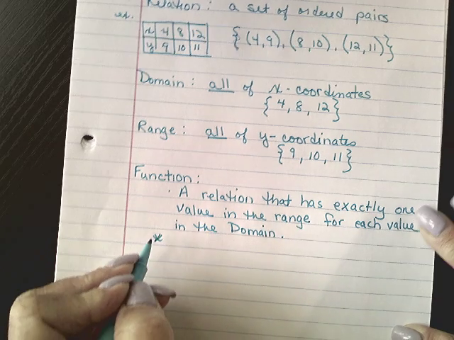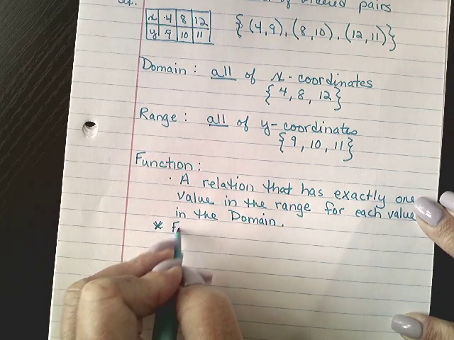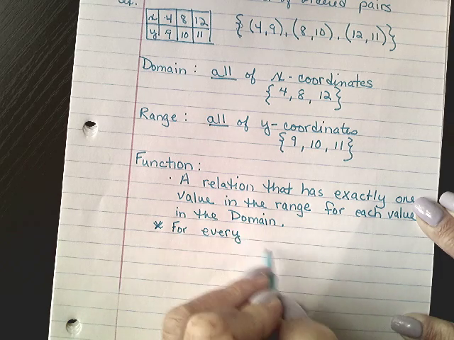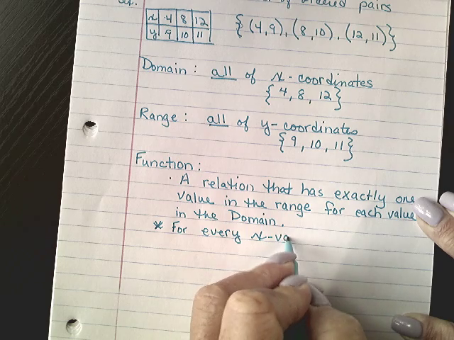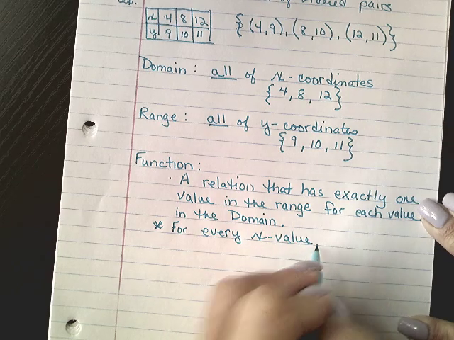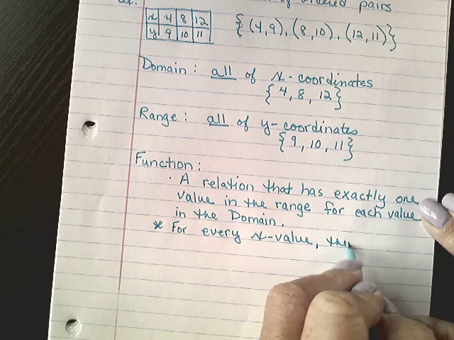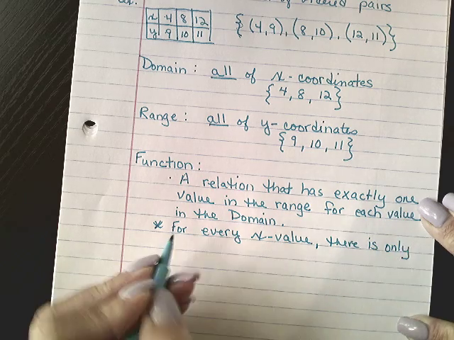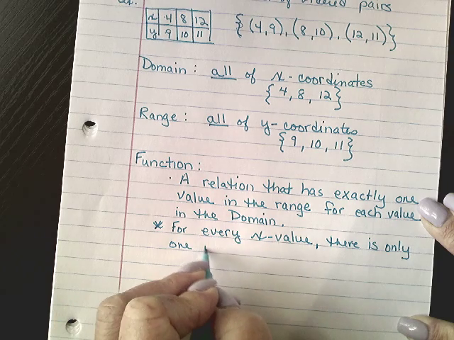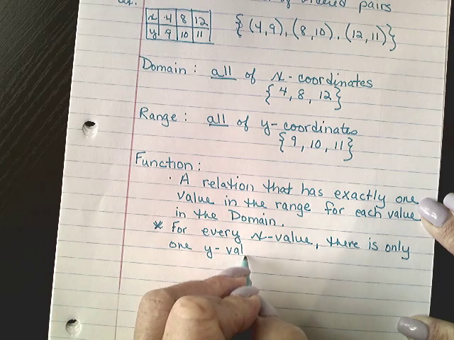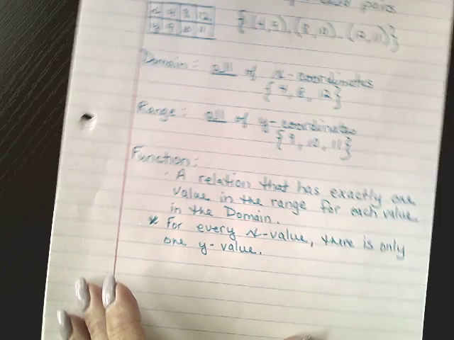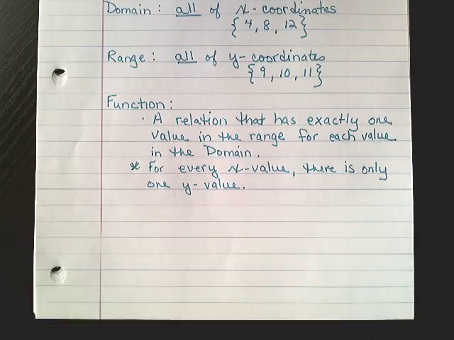So basically, for every x value, there is only one y value. Okay, so that's how we would identify a function, or that is what a function is.